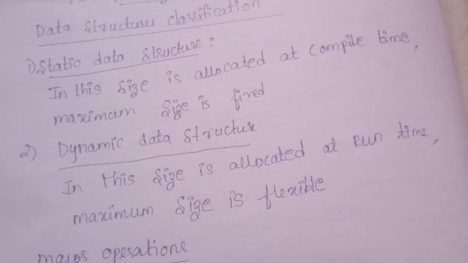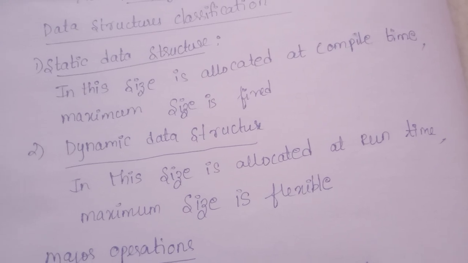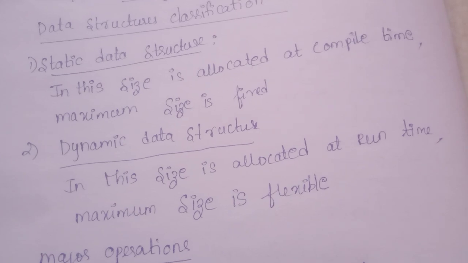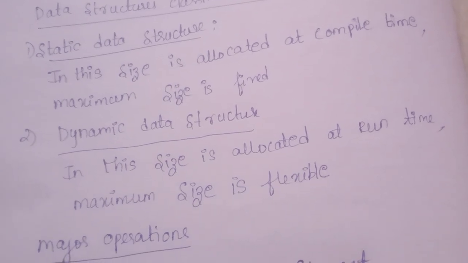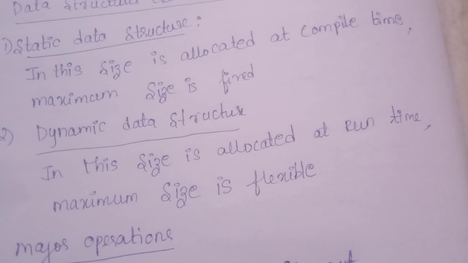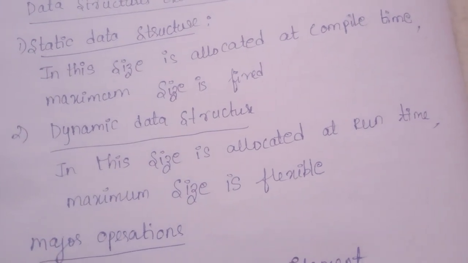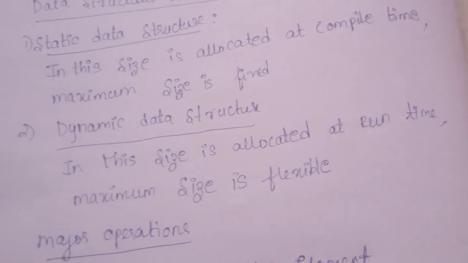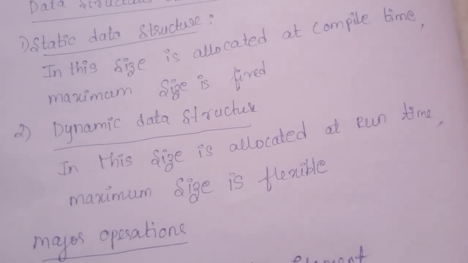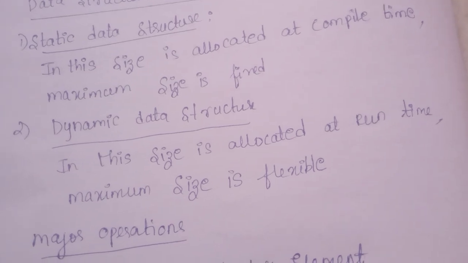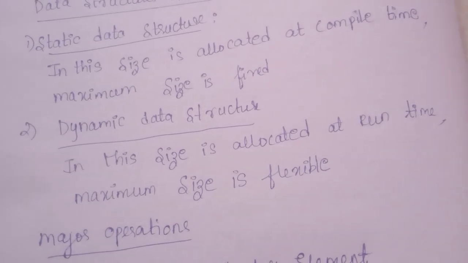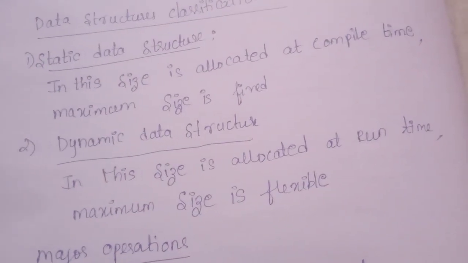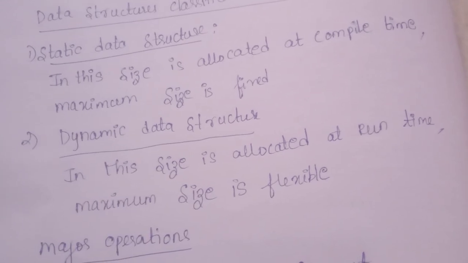Whatever size we allocate, that size is fixed. Coming to dynamic data structures, the size is allocated at runtime. When you are running program code, you'll get runtime errors. The maximum size is flexible in dynamic data structures. Also, static means it will not change and dynamic means it will change.